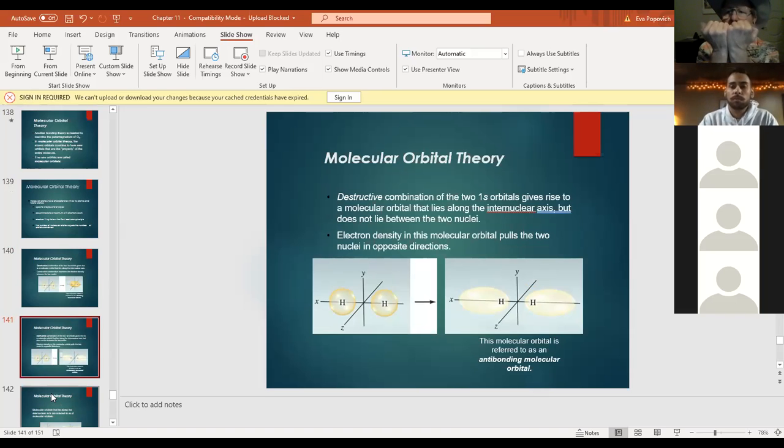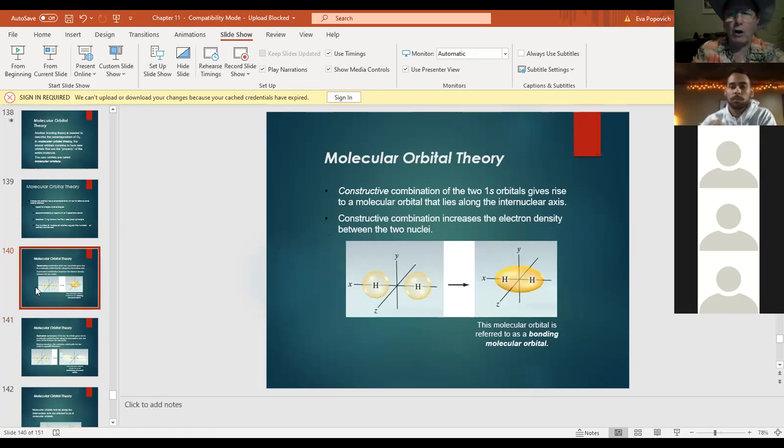If they're on the opposite end, they're kind of working against the molecule forming. So the ones that are in the right orientation are going to be bonding orbitals. The ones in the opposite direction are going to be considered anti-bonding orbitals.